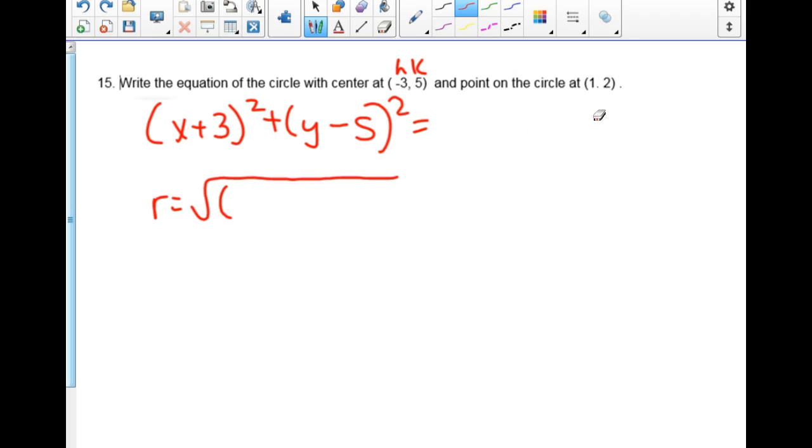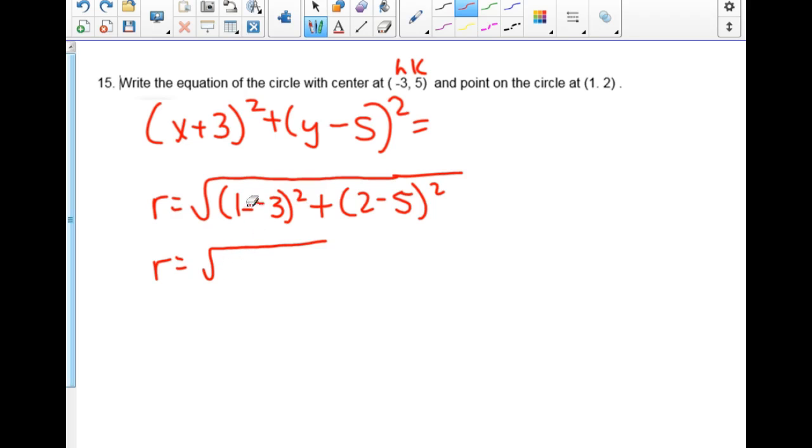So I'm going to do the distance formula. 1 minus -3 quantity squared plus 2 minus 5 quantity squared. I'm following it where it says x2 minus x1 quantity squared plus y2 minus y1 quantity squared, then take the square root. Okay, so this radius is going to be 4 squared plus -3 squared.